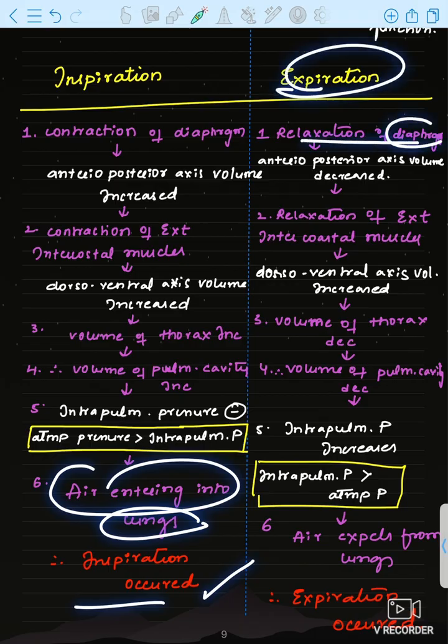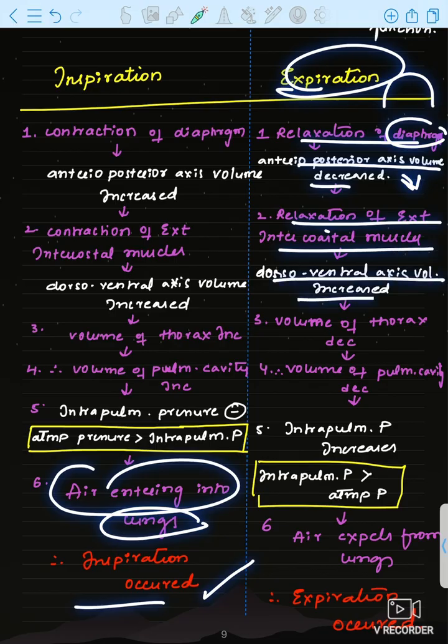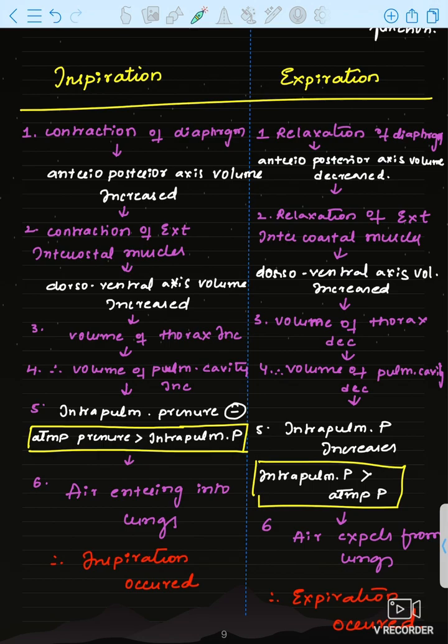The relaxation of the diaphragm. Anterior-posterior axis volume will be decreased because it will be arched upwards, and relaxation of external intercostal muscle. Dorsoventral axis will be decreased because on relaxing they are coming back to the normal position, no?